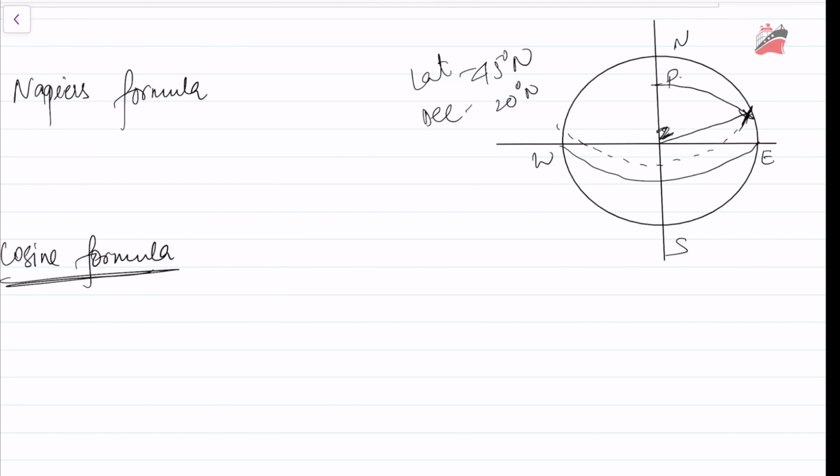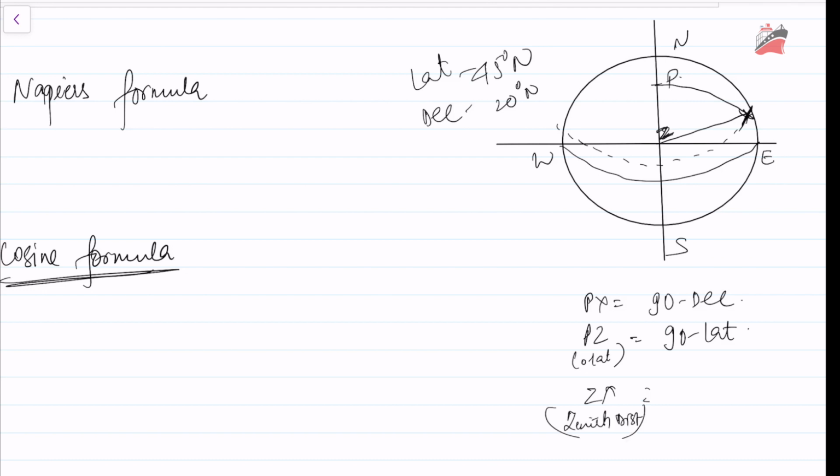PX, what is PX? PX is 90 minus declination. Then PZ is the colatitude, so that will be 90 minus latitude. ZX is the zenith distance, so that will be 90 minus true altitude.